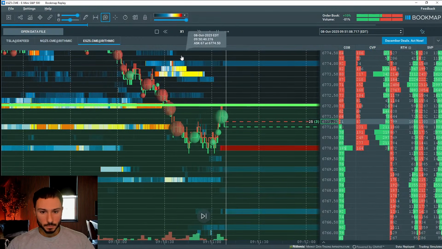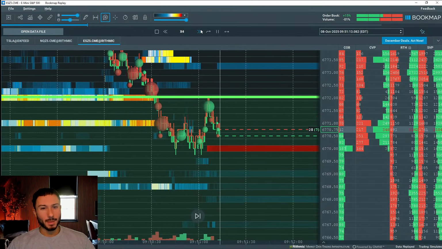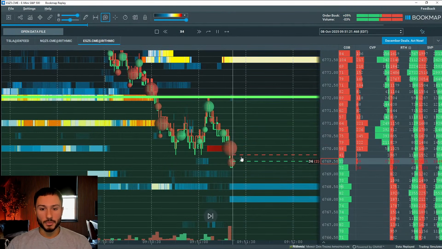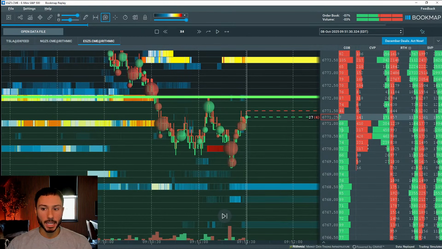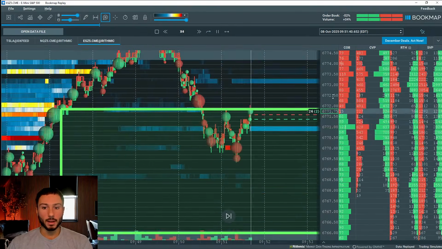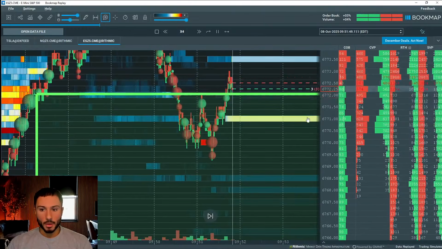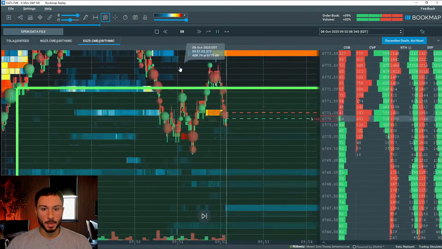So, all right, here's the bid right there, 180 contracts. We're going to pull back into this. I'm going to go like 4x speed. The bid's going to fill right there. We see 317 contracts by 76, indicating that, all right, there's a passive buyer coming and stepping into the market here. Market's going to lift. Another 128 contracts just come into the market here. We'll speed it up even more.